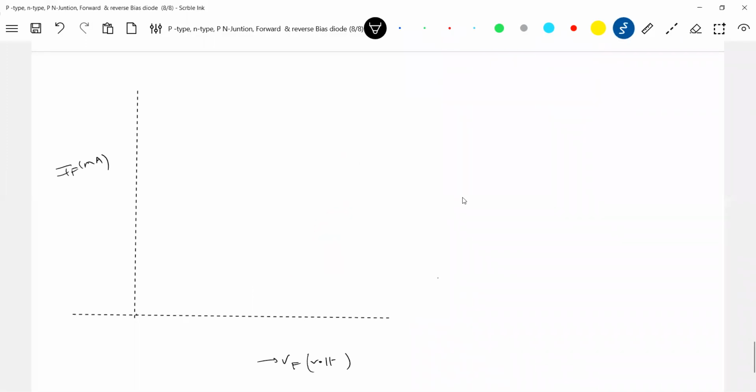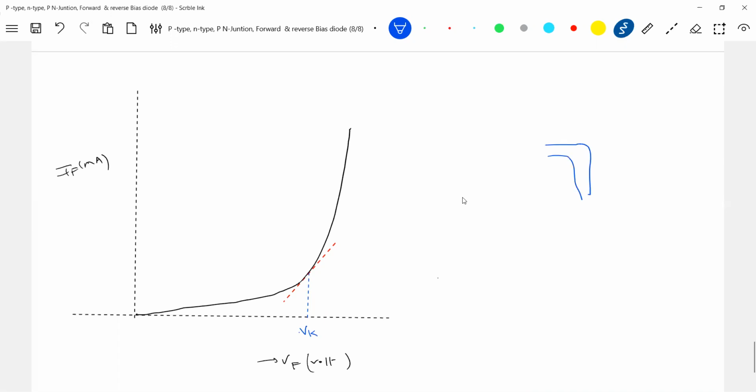I'll give a suitable curve. It should be like this. After this, there's a sharp rise. This we'll call the knee voltage. What do you mean by knee? When you look at your leg, there's a sharp bend, no?